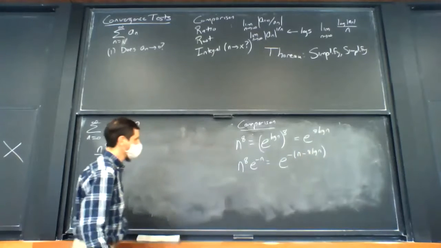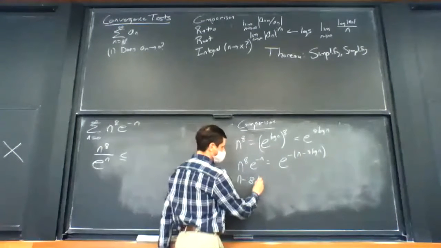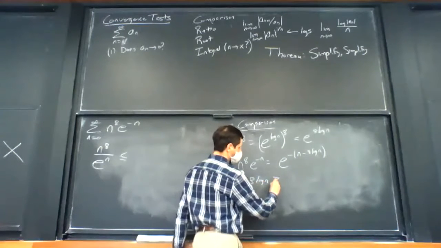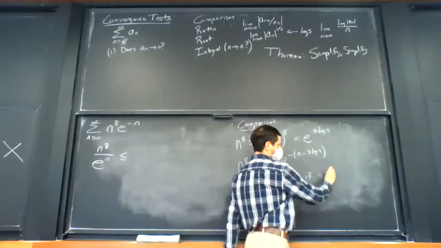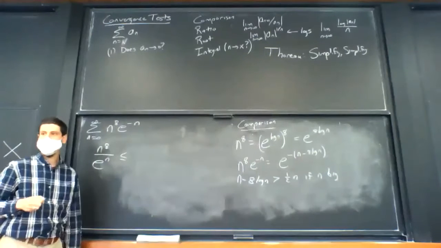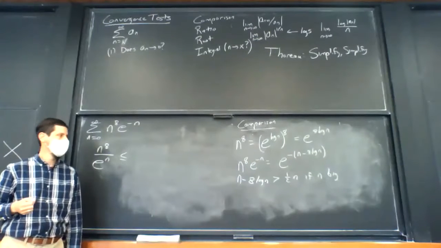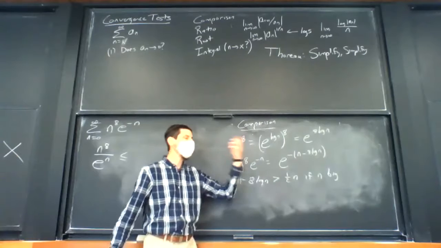Let's make this a little bit more specific. N minus 8 log n is greater than 1/2 n if n is big. Do we agree with that? Once n is large, n minus 8 log n is so close to n that it's going to be at least 1/2 n.